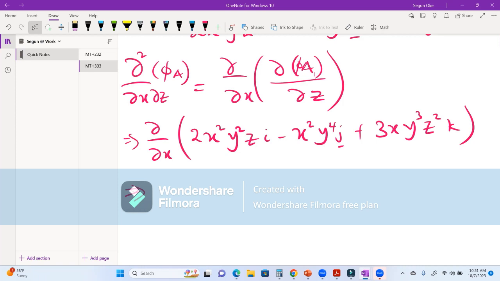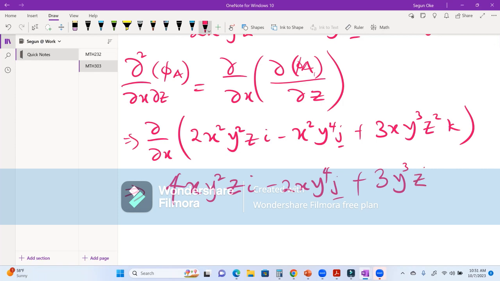Yes, can someone help us out? 4x y squared z, thank you, okay, minus 2x y4, yes, plus 3y cubed z squared k.